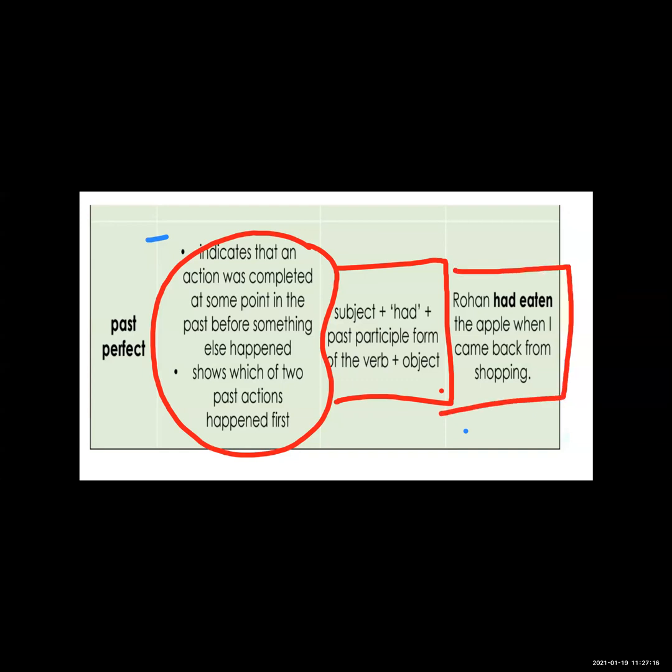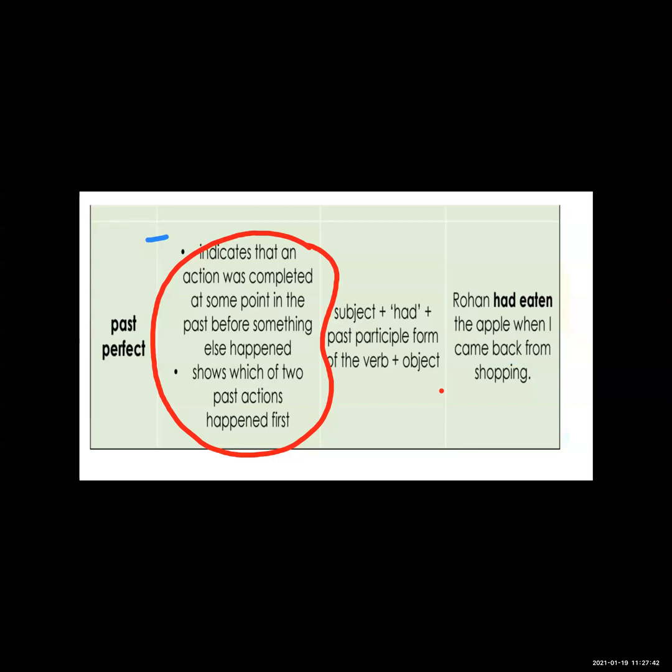See the example: Rohan had eaten the apple when I came back from shopping. Here, which action happened in earlier past? Rohan had eaten the apple. This action happened in earlier past. And I came back from shopping. This action happened in recent past.